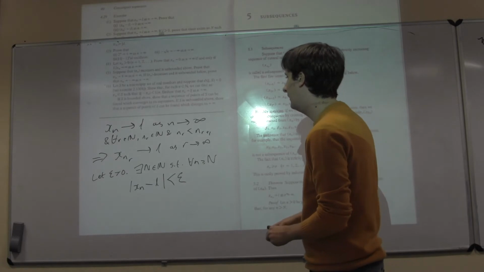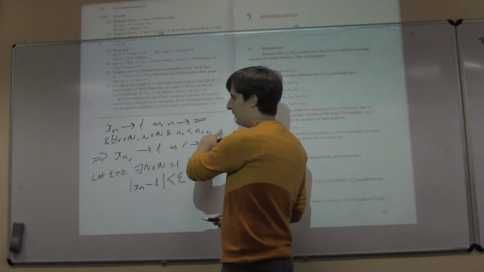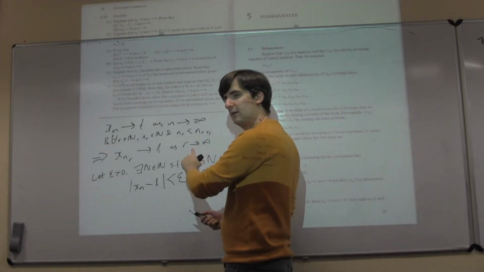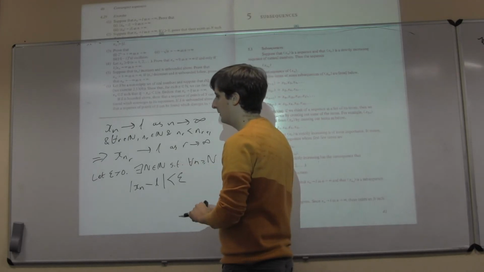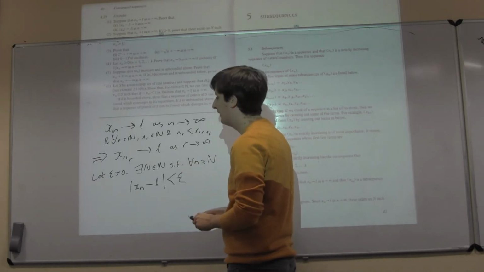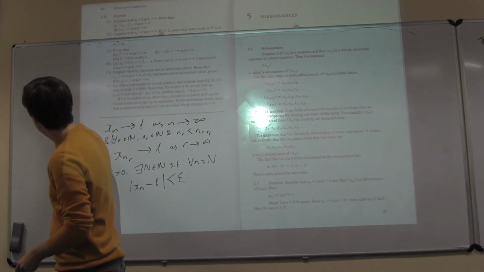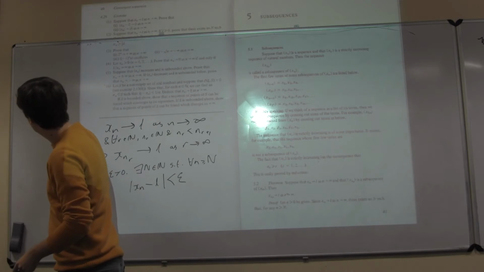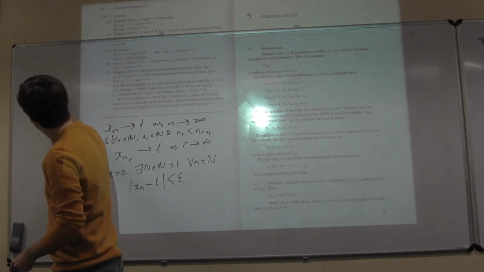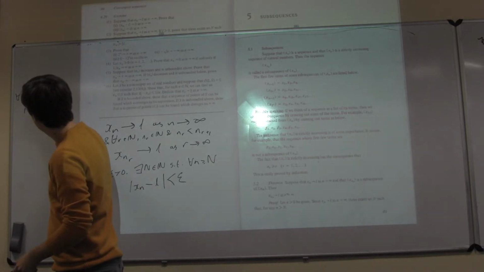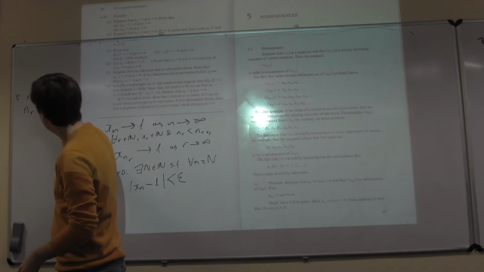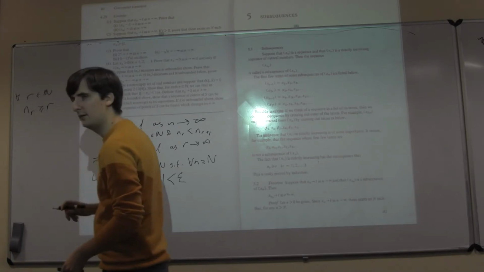But we know that nr is strictly increasing, so for all r in N, it must be the case that n sub r is greater or equal to r.